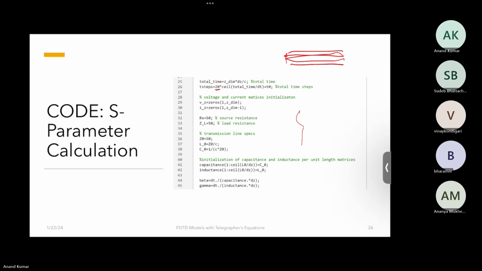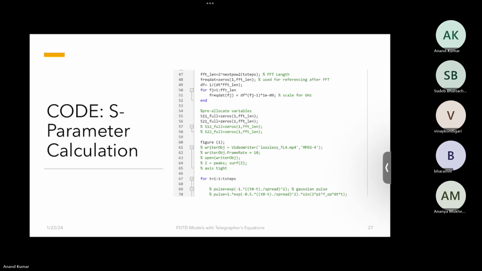Now, over here I have just pre-allocated some variables, and we're calculating the length of the FFT. I've used this expression over here. We have the total time steps, and then the FFT has to be calculated.